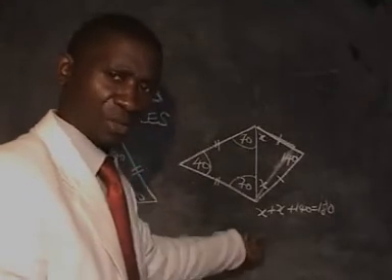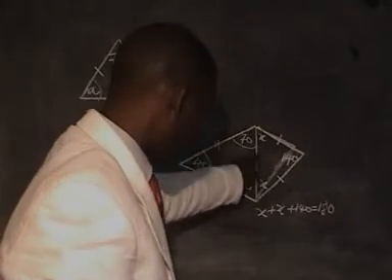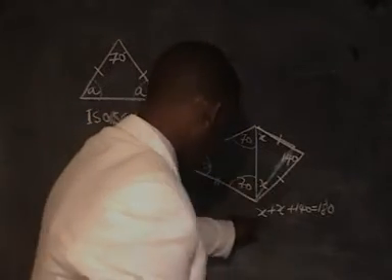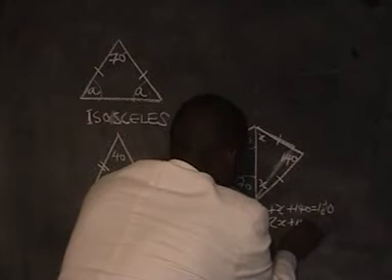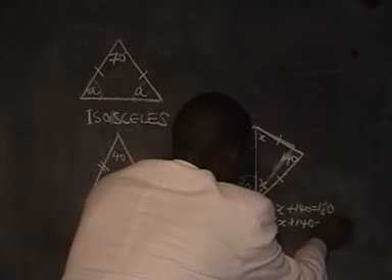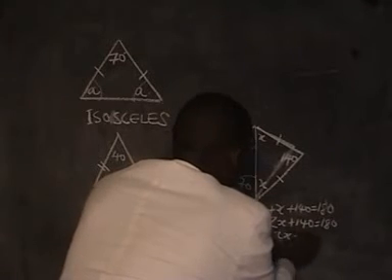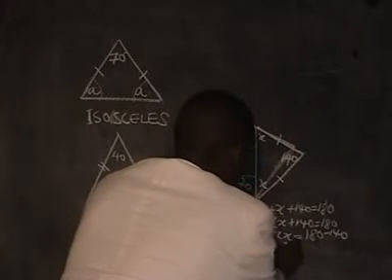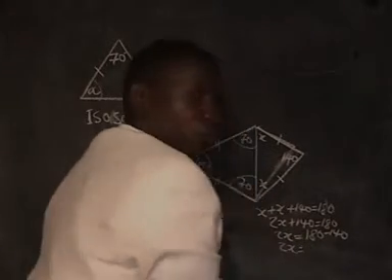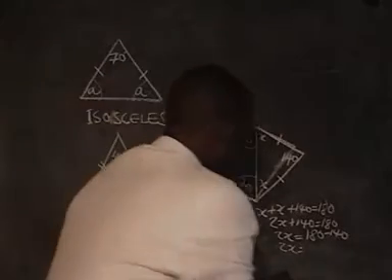But if you want, you can solve that equation. x plus x, you get 2x plus 140, and this is equal to 180. So 2x is equal to 180 minus 140.